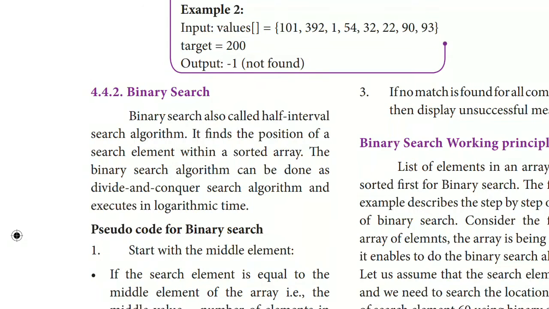In the previous one it may be of any order, but here in the binary search it must be ordered either in descending order or in ascending order. So the binary search can also be done as divide and conquer search algorithm.